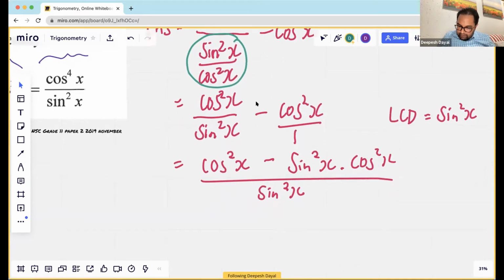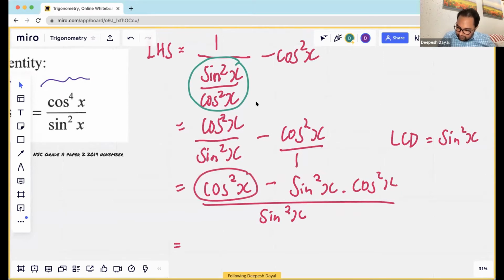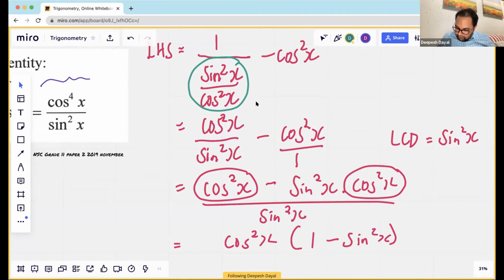Okay. And then what we do is, on the top, we've got a common factor here of cos squared x. We're going to say cos squared x times 1 minus sine squared x, over sine squared x.